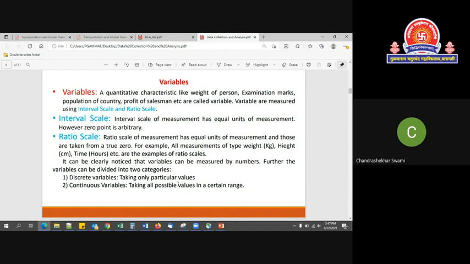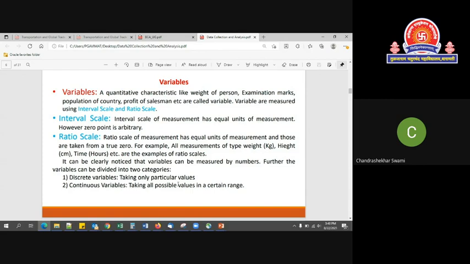Suppose in Baramati city, the maximum room temperature is 36 degrees Celsius and the minimum room temperature is 10 degrees Celsius. It means that the room temperature of Baramati city takes all possible values between 10 and 36 degrees Celsius, because from 10 degrees Celsius it goes on increasing and reaches 36 degrees Celsius.